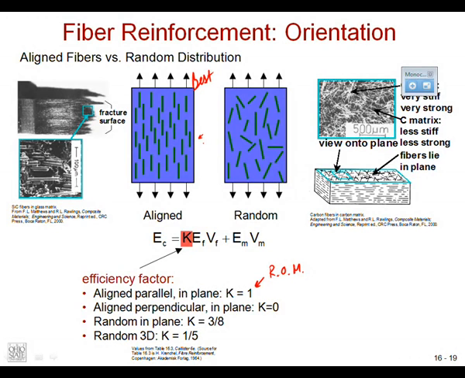So now if we were aligned perpendicular in the plane, remember we said that was kind of the worst case. If we were going this way, and we're pulling on it that way, then the fibers aren't really adding anything. That's the assumption. I mean, it's close enough to 0, basically. That really when things are stressing, it's the matrix. The matrix is there and makes the stuff.